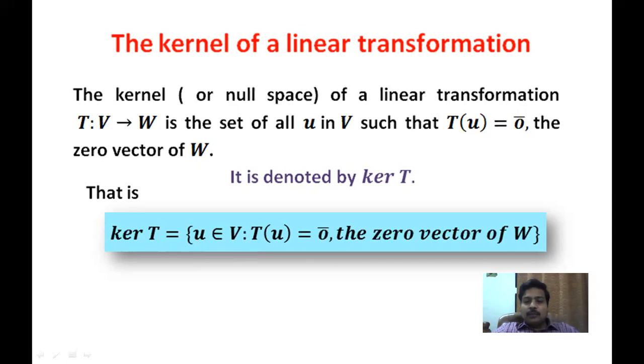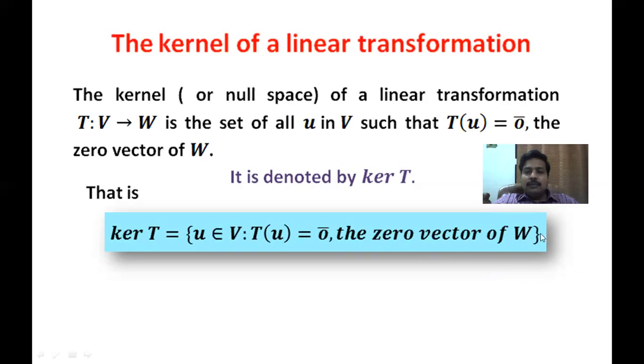Those elements should satisfy another condition, that T of U is equal to 0 bar. So the vectors of V which are mapped onto the 0 vector of W form the set of kernel T.